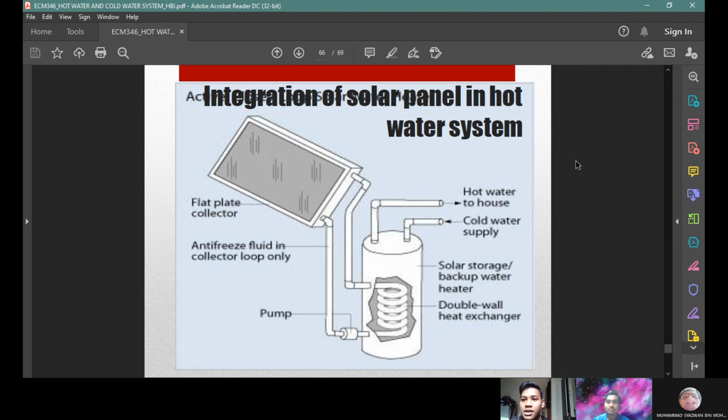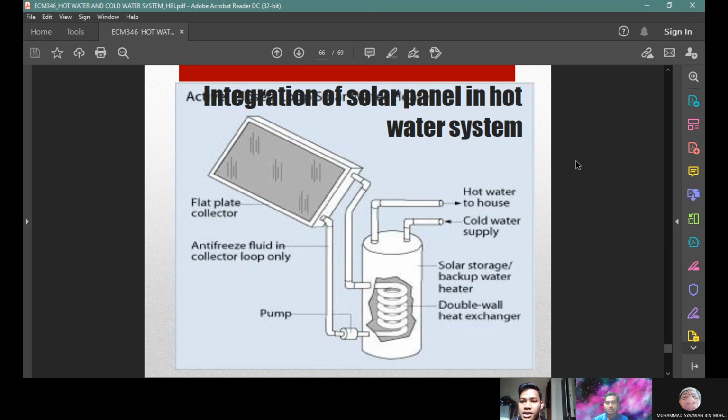Integration of solar panel in water system. This is the example, the picture. There is the pipe that flows hot water to the house, and the cold water supply pipe.